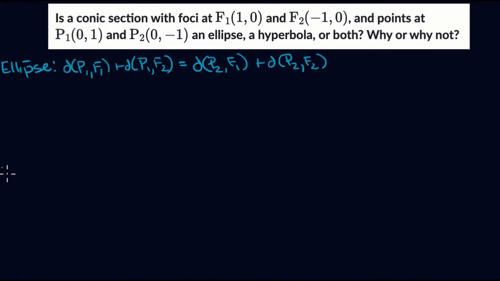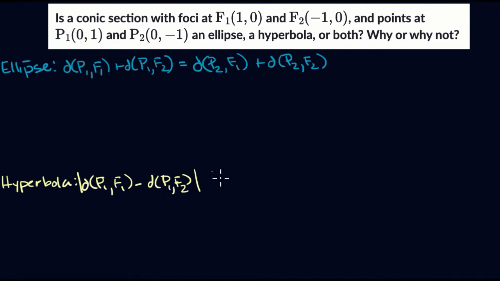Now, if we're dealing with a hyperbola, so let me write that over here. So the hyperbola case, instead of a sum, we're looking at the difference, and we're looking at the absolute value of the difference of the distances. So in the hyperbola situation, we're going to have the distance from P1 to F1 minus the distance from P1 to F2, and we just care about the absolute value of it.